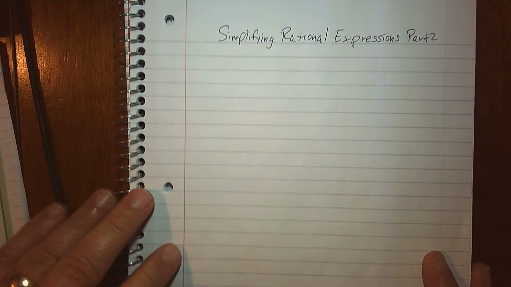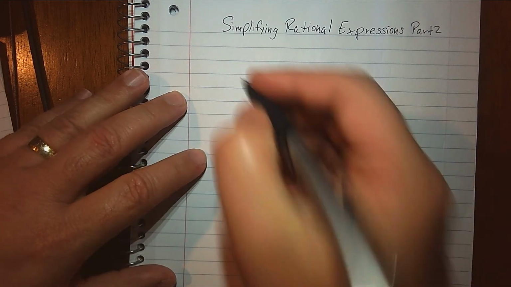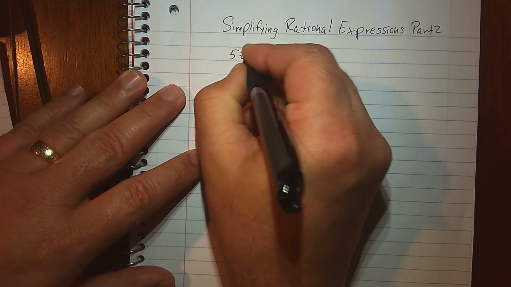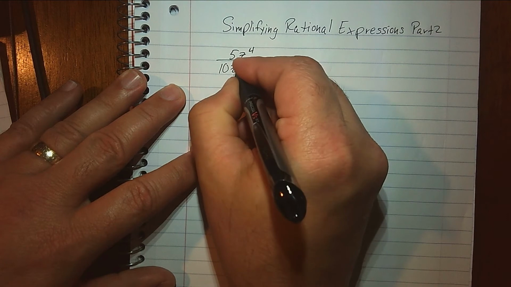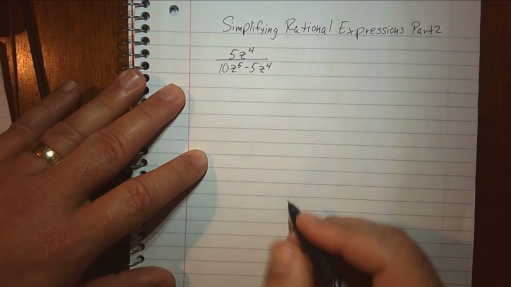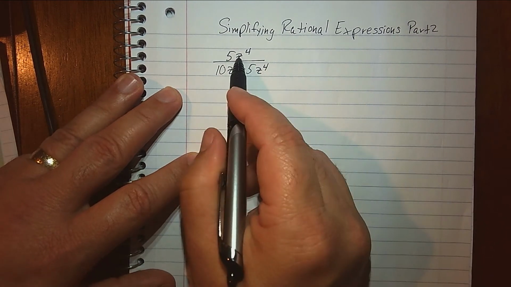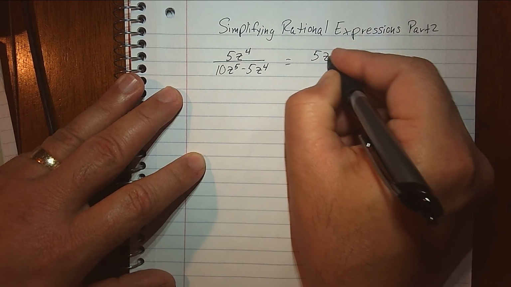There's some really easy ones in here, and then it progressively gets difficult like every other lesson. So let's start off with 5z to the fourth over 10z to the fifth minus 5z to the fourth. Obviously I can't simplify the top, but I can the bottom. So the top I'm just going to rewrite.